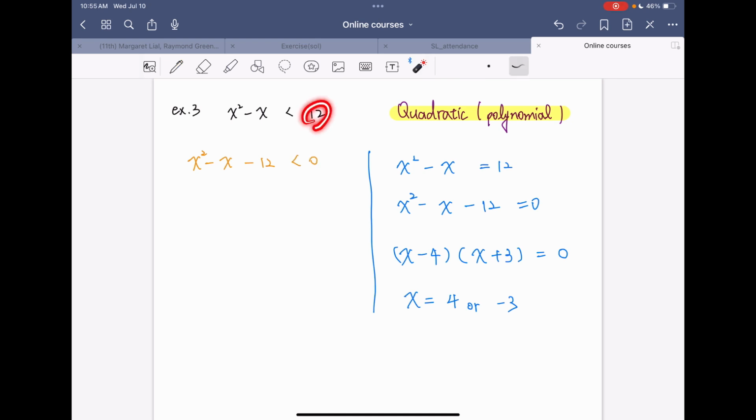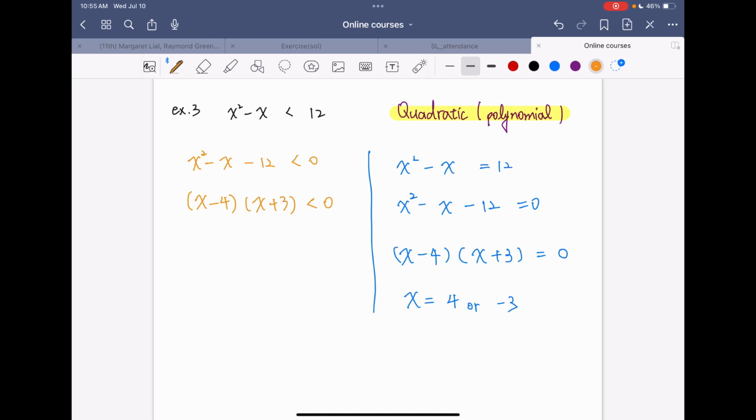We move 12 to the left, so we subtract 12 on each side. Next we do exactly the same thing we did with the polynomial equations. We can find that it is x minus 4 and x plus 3, and that will be less than 0.